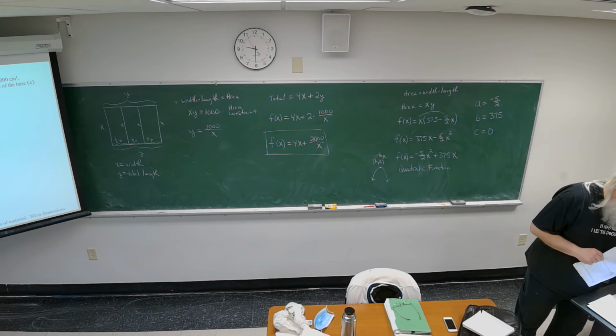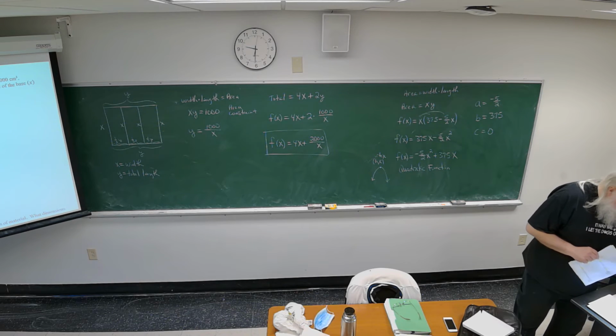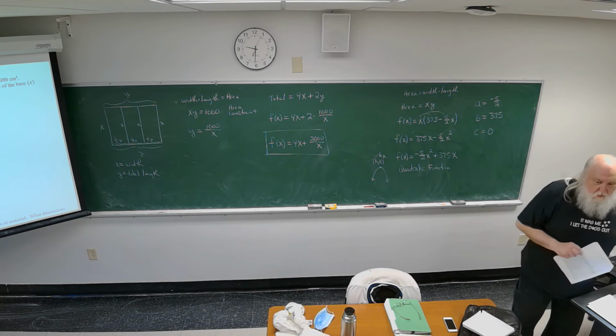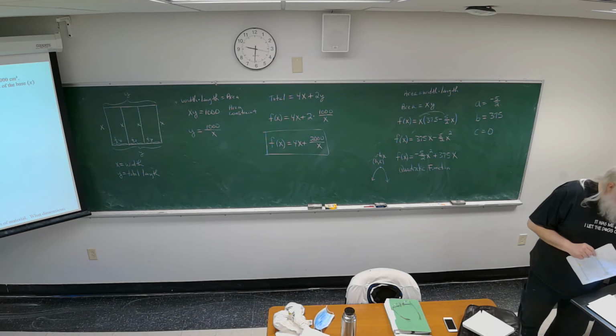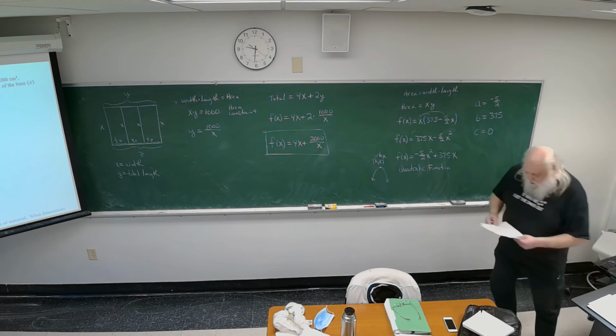Express the amount of wood, S of x, required to make the box as a function of the length of a side of the base x of the box. Okay? So the amount of wood that we need is equal to the surface area, right? The area of the 4 sides of the box plus the area at the bottom of the box. That's the surface area. That tells us how much wood that we need. Okay.